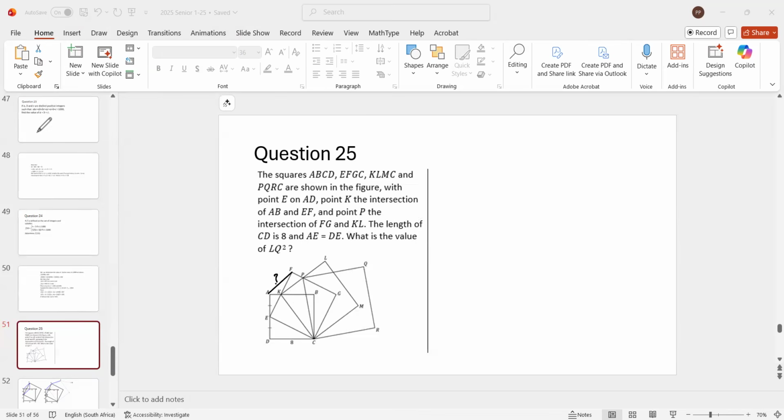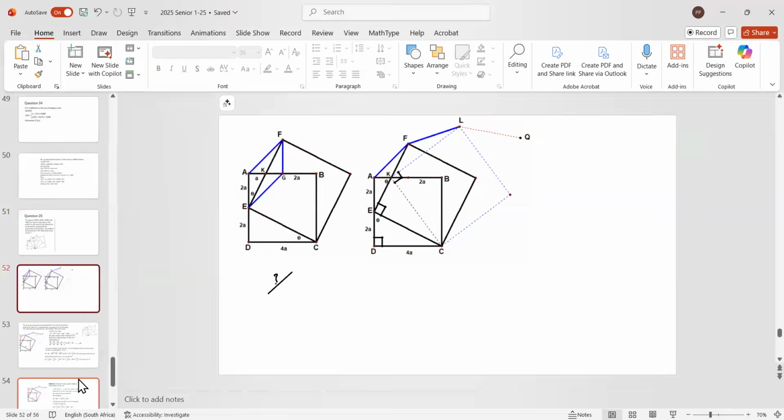And I need only these two squares. So I've drawn the diagrams. So you can see in the first diagram, I want to calculate AF. For a start, I'm going to say, suppose the side length is 4A.